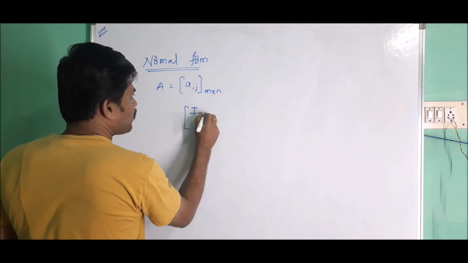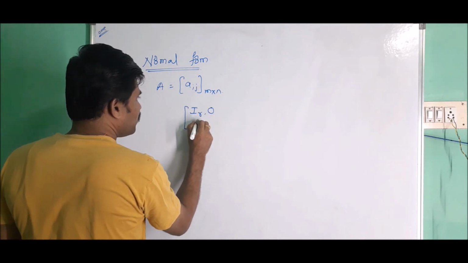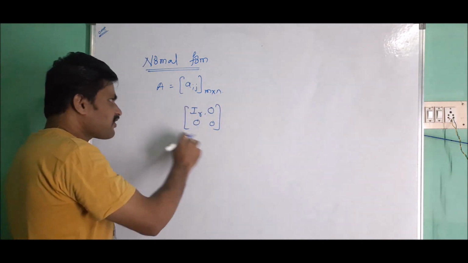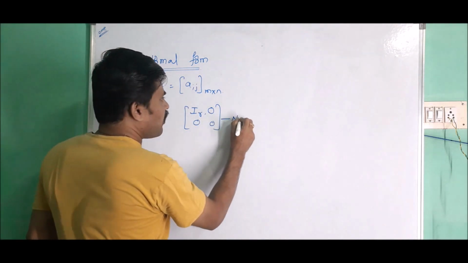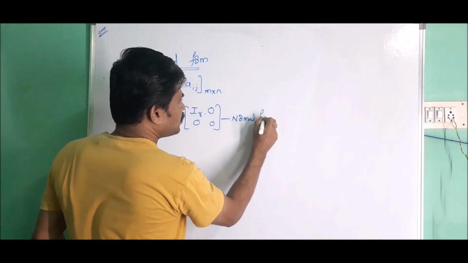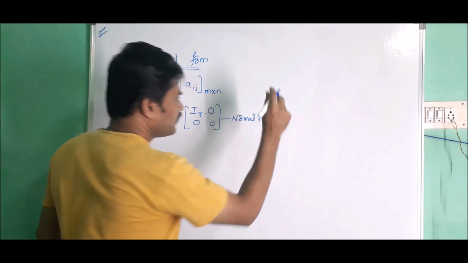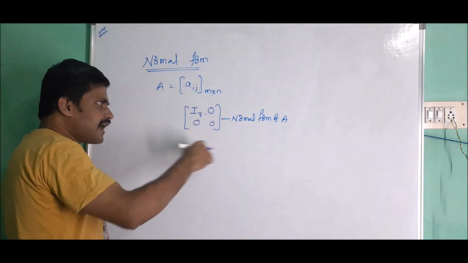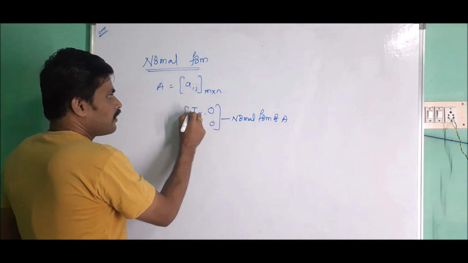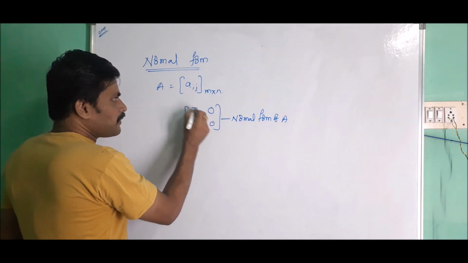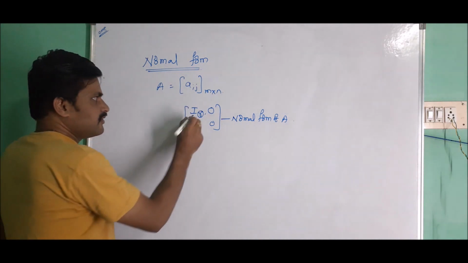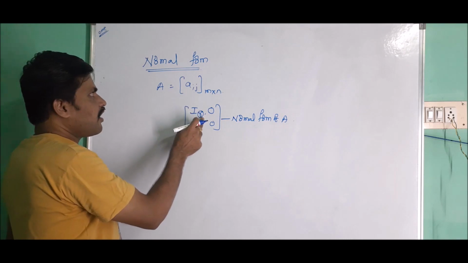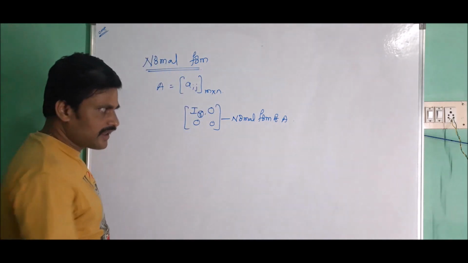[I_r 0; 0 0]. This is called the normal form of A. Here in this normal form, the order of the unit matrix or identity matrix is called the rank of the given matrix.